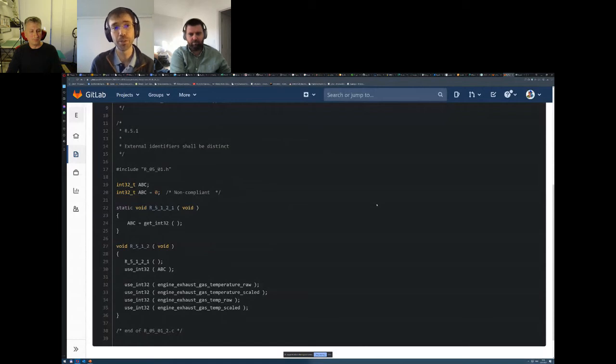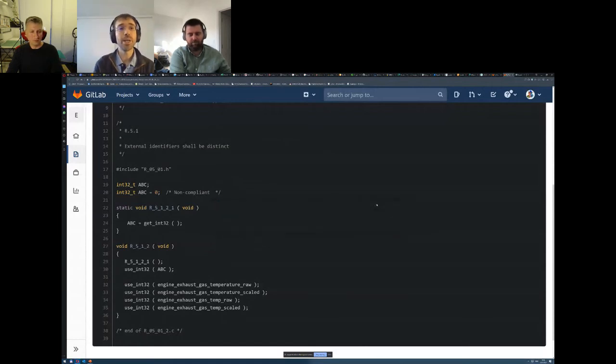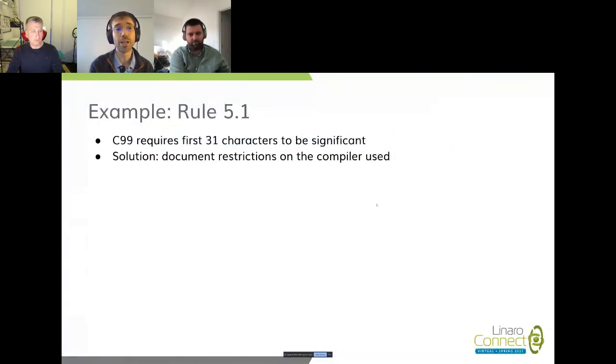So obviously this is pretty bad. This is definitely a serious issue. So one way, going back to the slides, to address this is to mandate C99 compliance. C99 mandates that the compiler needs to support at least 31 characters to be significant. So if you use a C99 compiler and all your IDs are not longer than 31 characters, you are good.